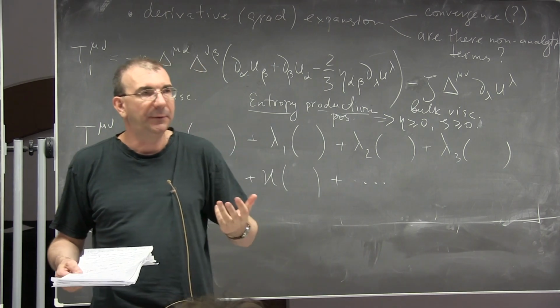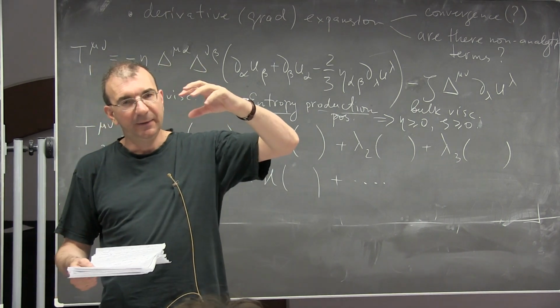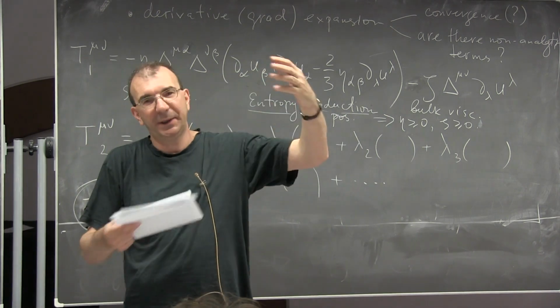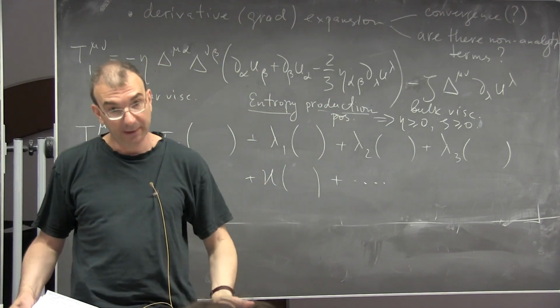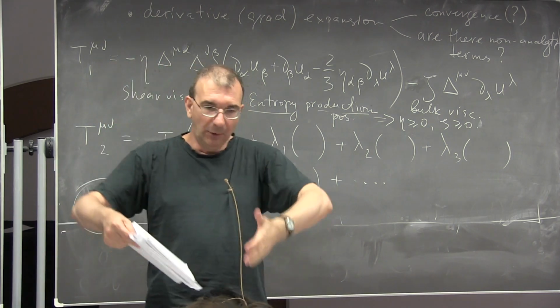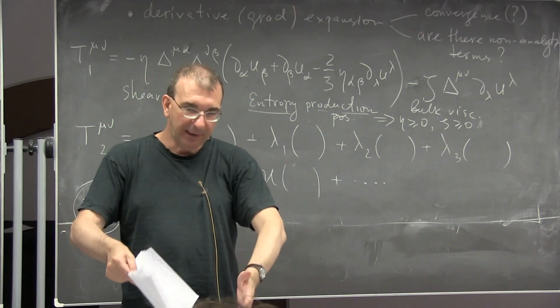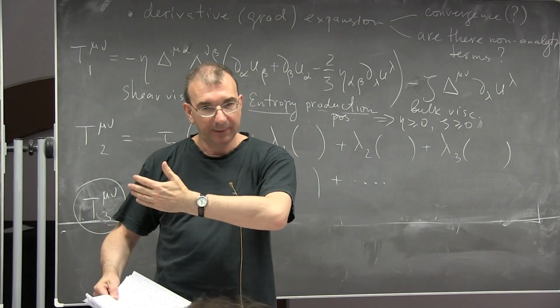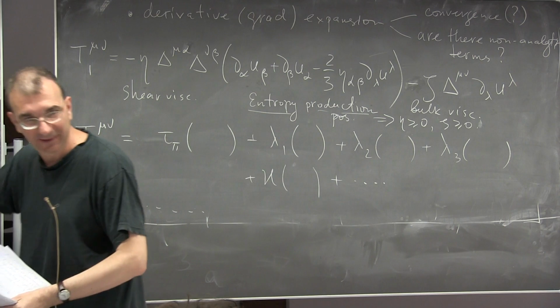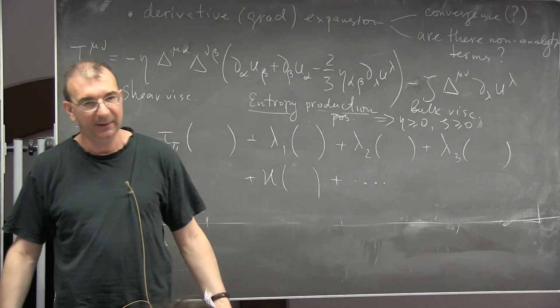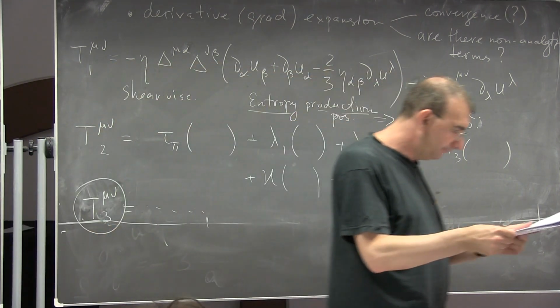For example, the pressure in the z direction may not be equal to the pressure in the x and y directions, if you have a chosen direction, say, with a magnetic field. Once you determine the equilibrium state, you follow the same procedure, but you expand around a more complicated state. Yes, this can be done.